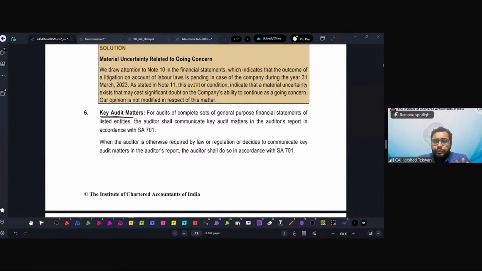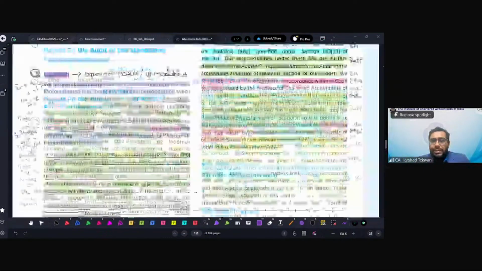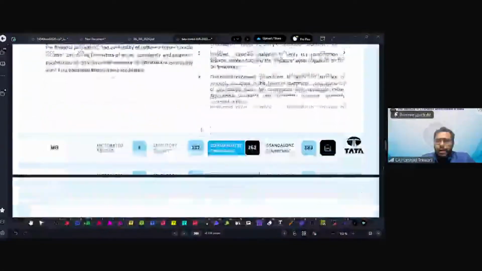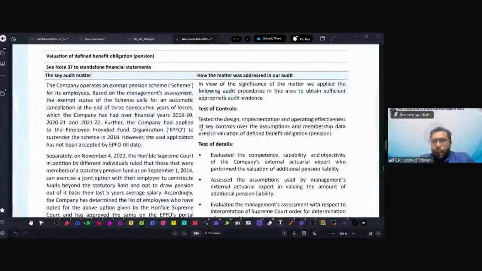But as of now, understand that the next paragraph will be the key audit matter paragraph. We will come back to this paragraph when we discuss SA 701, including the way key audit matters are required to be given.